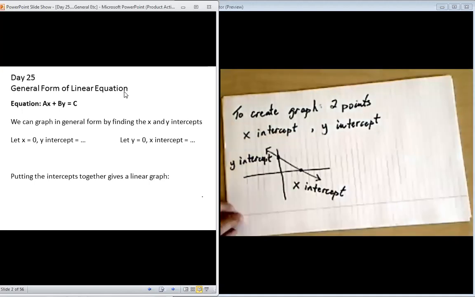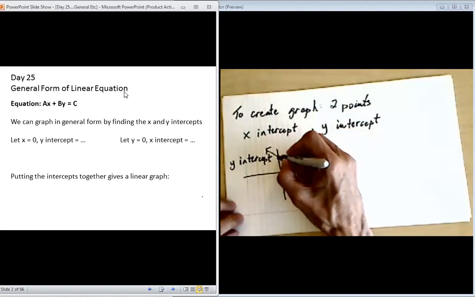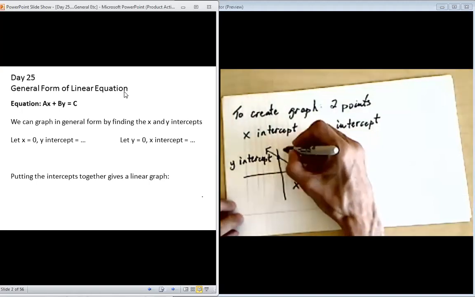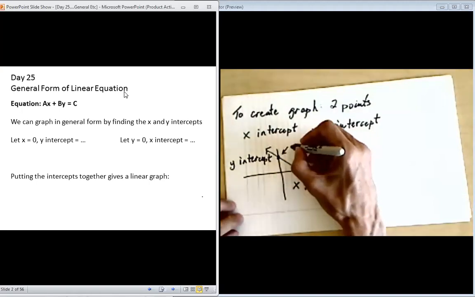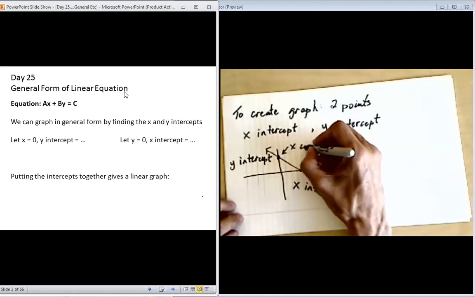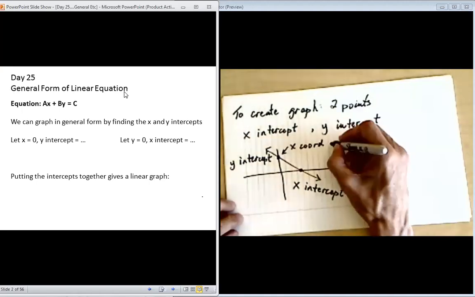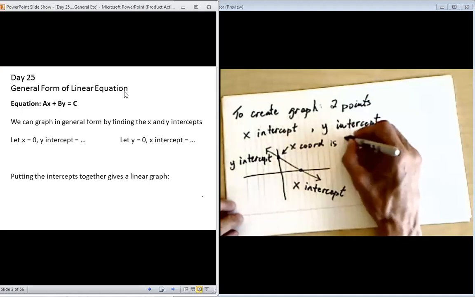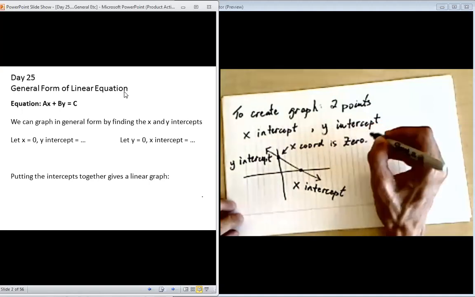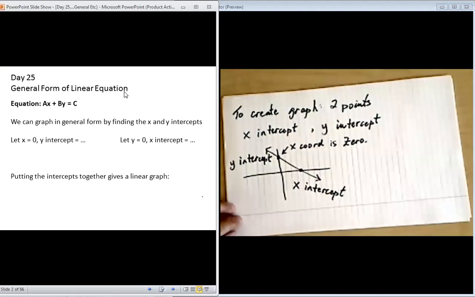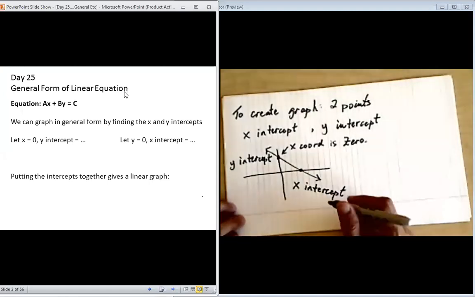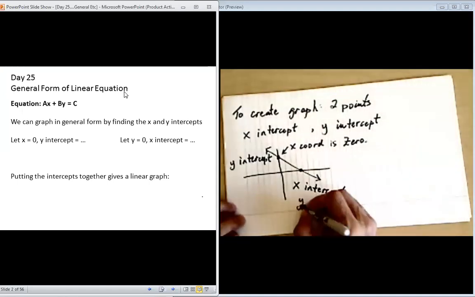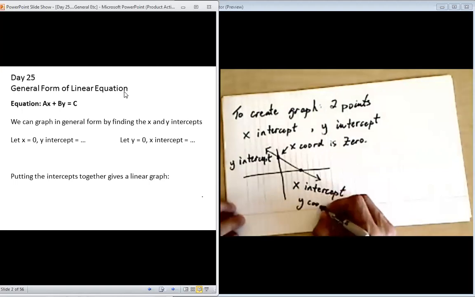Now, something special happens at the y-intercept, and we talked about it already. We said that the x coordinate is 0 all the time. Well, for the x-intercept, the opposite is going to happen. For the x-intercept, the y-coordinate is always equal to 0.